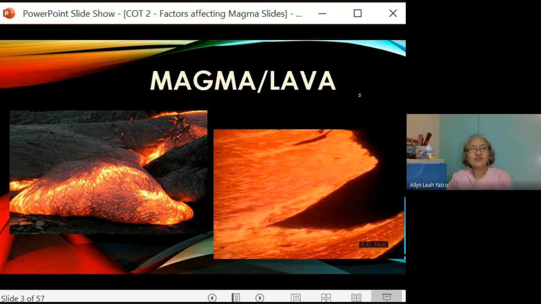We call the substance lava when it has already been released by the volcano during an eruption. On the other hand, we call it magma when it is still under the Earth's surface. Whether it is lava or magma, it is composed of molten rocks.